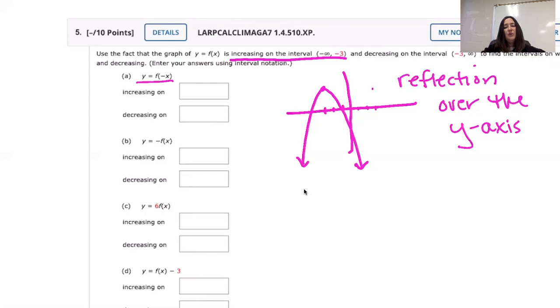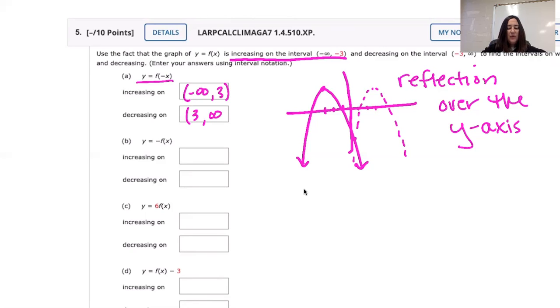But that's all it's doing, it's reflecting over the y-axis. So this reflection would look something like that dotted line. So if that is the case, your increasing and decreasing would then be from -infinity to +3, and then it would be decreasing from 3 to +infinity.